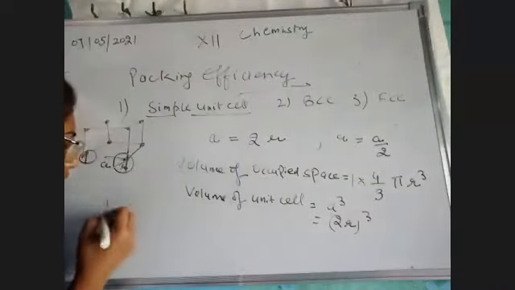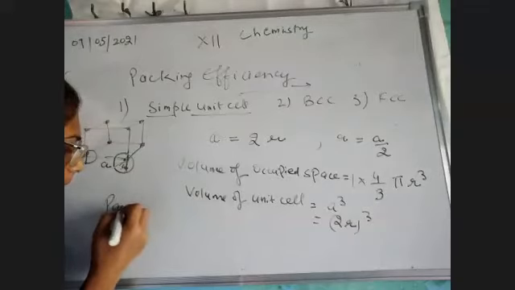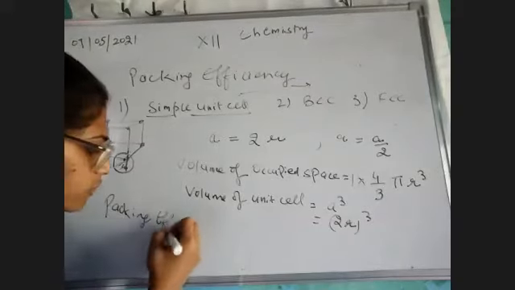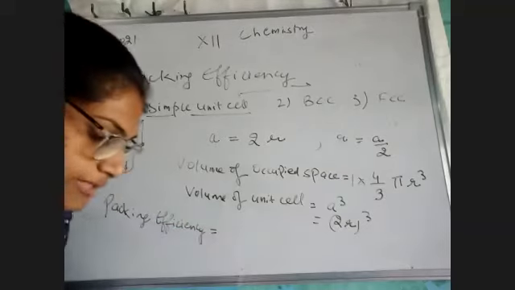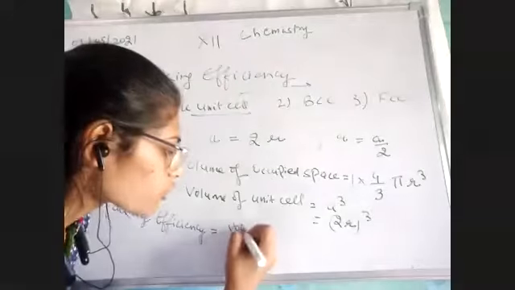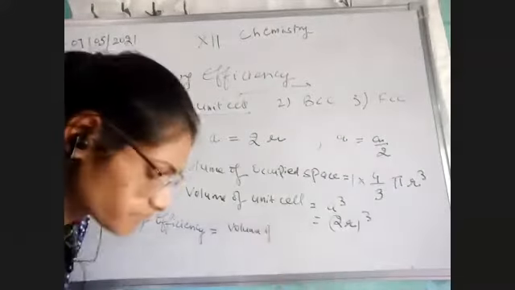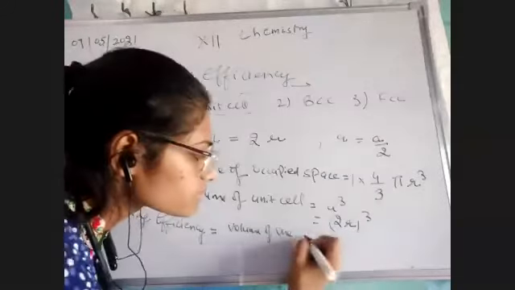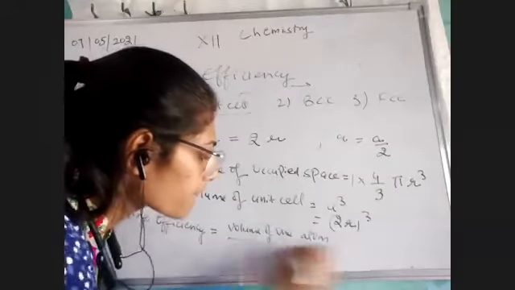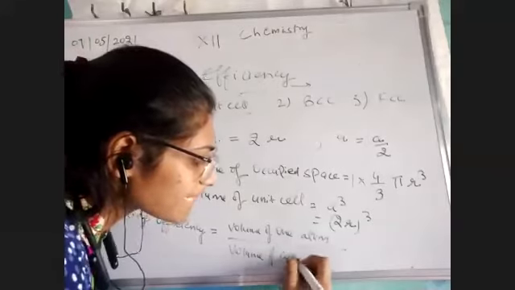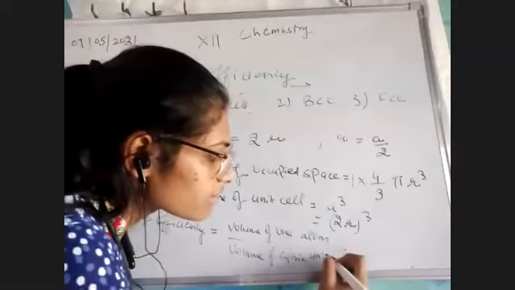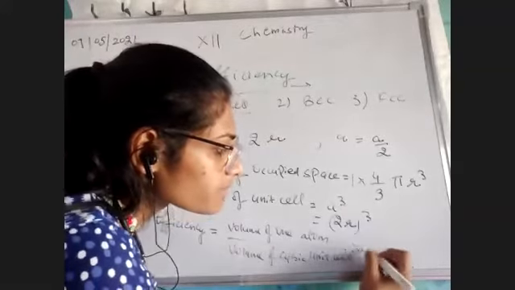Now the formula of packing efficiency is equal to volume of one atom divided by volume of this complete cubic unit cell, multiplied by 100.